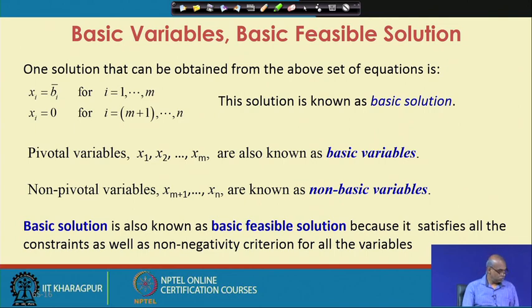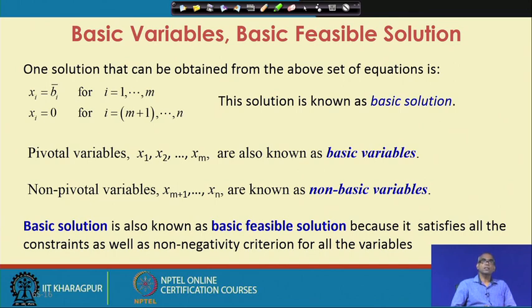So, what we learned is that we can convert a set of linear equations in n variables, m constraints or m equations to an equivalent canonical form.